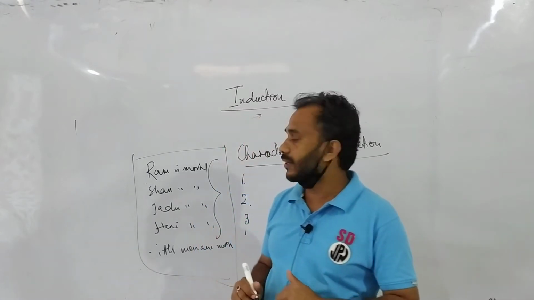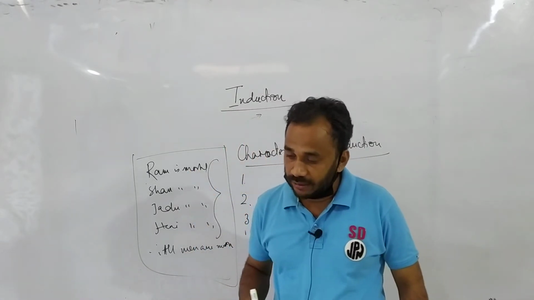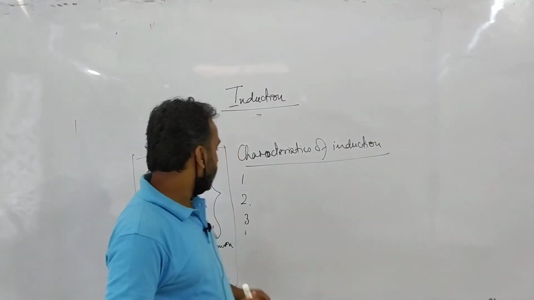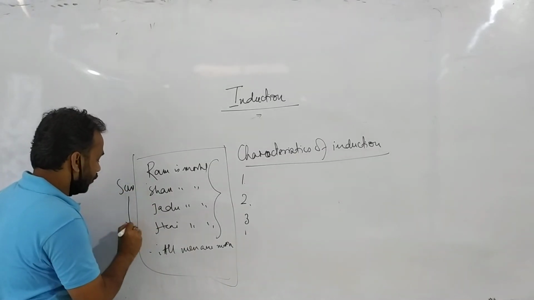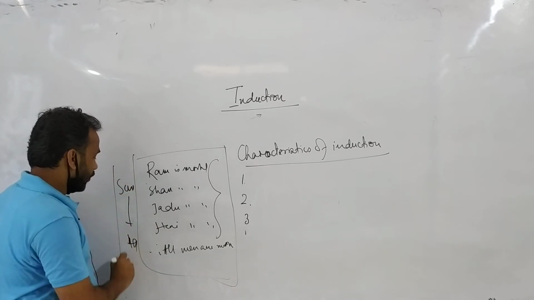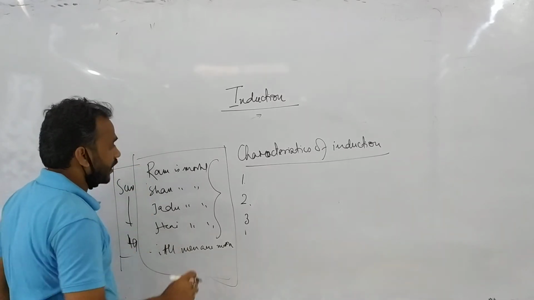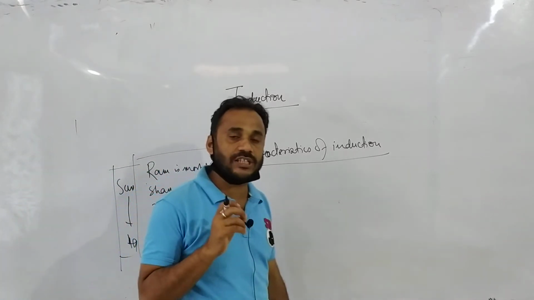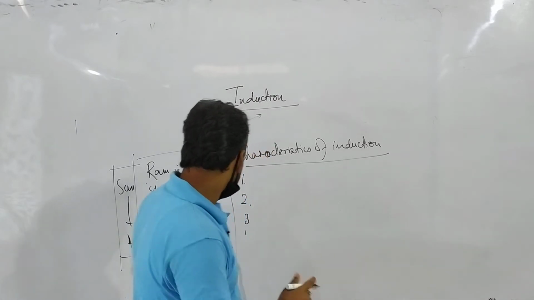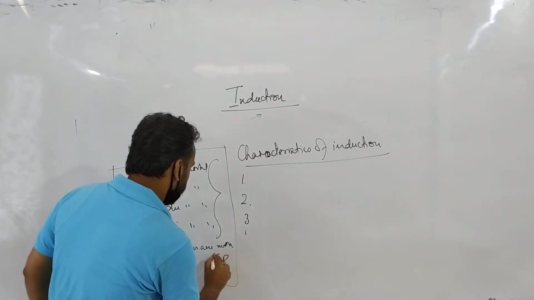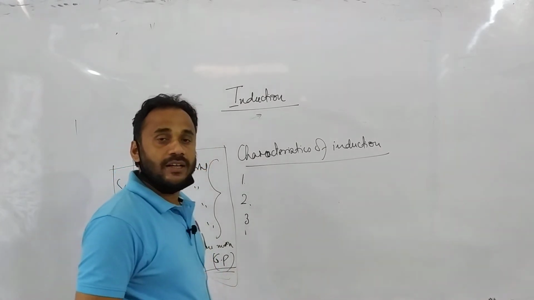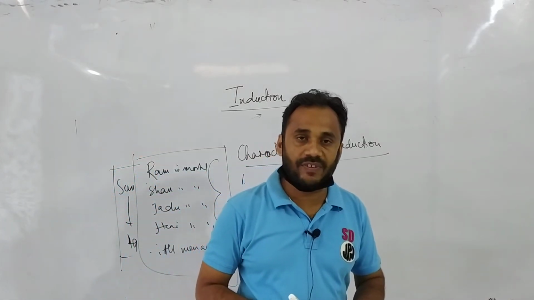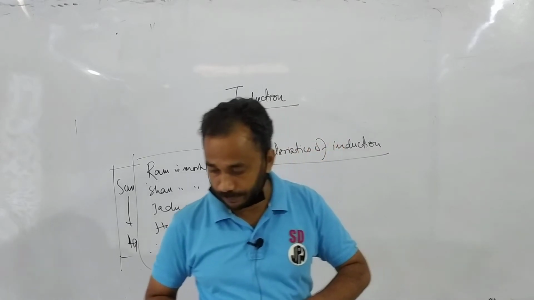But in induction, the conclusion is more general than the premises, that means from some to all. The establishment of a general real proposition is the first characteristic of induction.